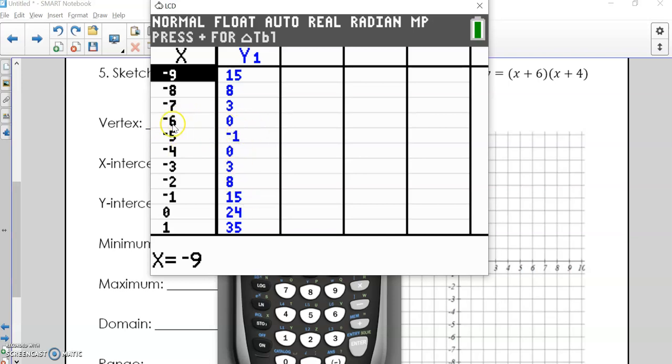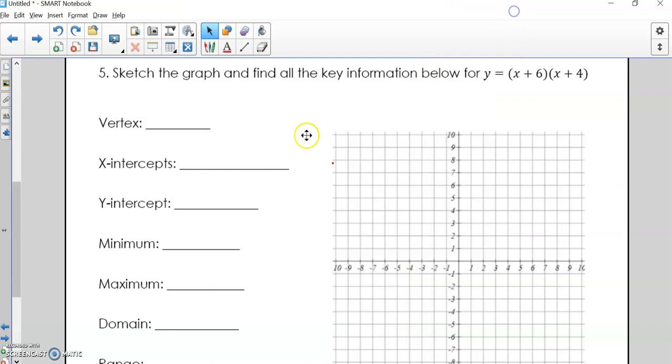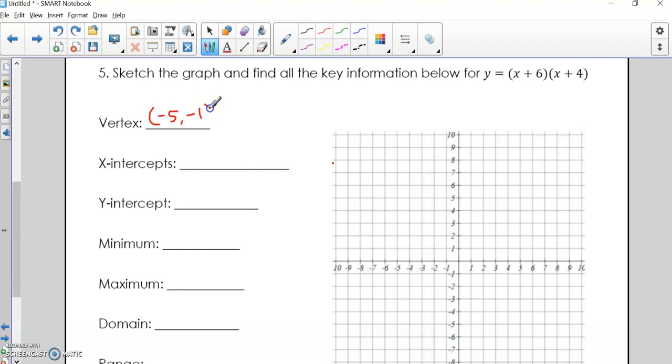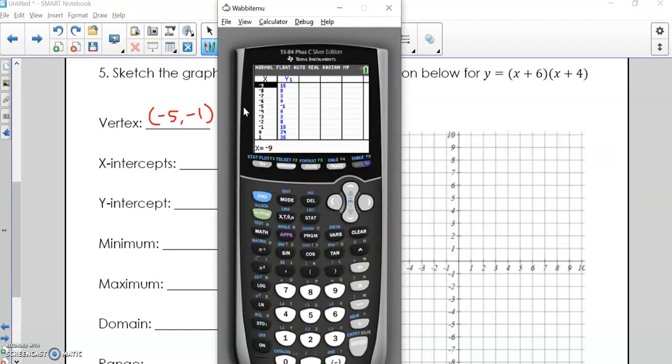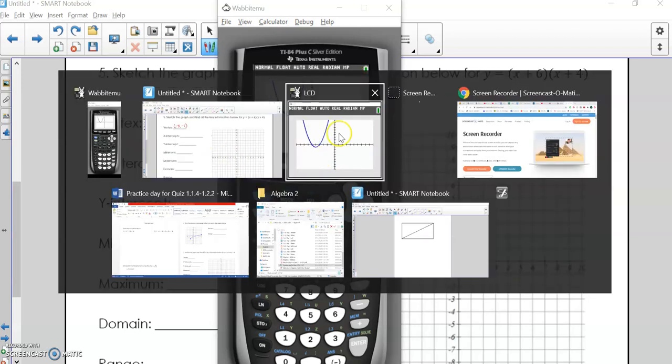So this right here is our vertex. Okay, that's that point that separates the two halves of the graph. So -5, -1 is our vertex. -5, -1.